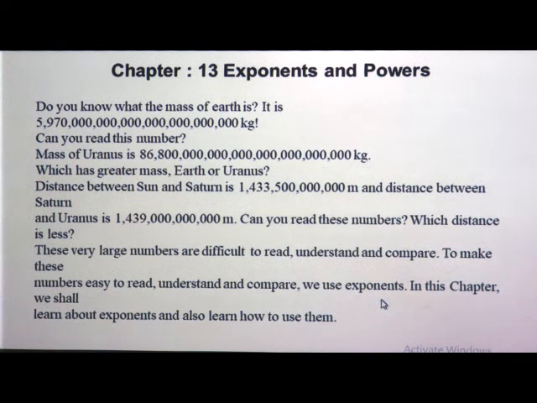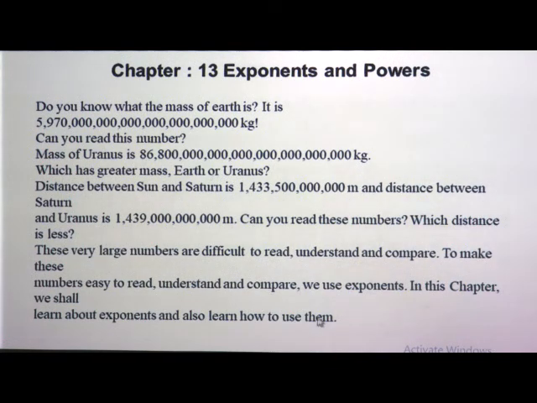We use exponents. The chapter name is exponents. So we are using the term exponent in this chapter, and we shall learn about exponents and also learn how to use them.